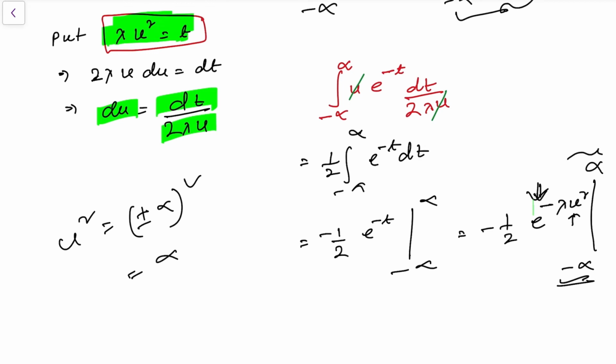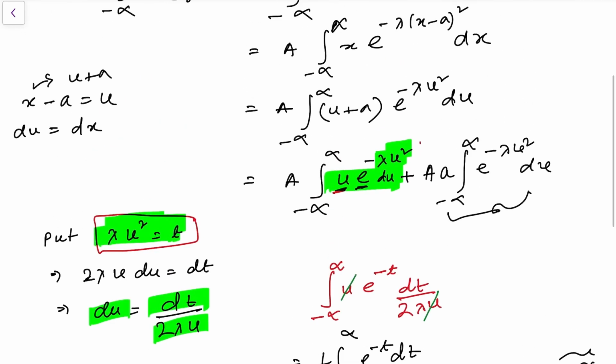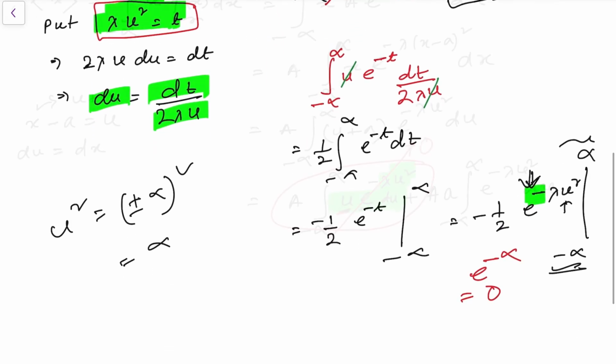And as here you can see this is minus sign, it will remain always as e to the power minus infinity, and e to the power minus infinity is 0. So that's why this term becomes 0. Hope you have understood this.